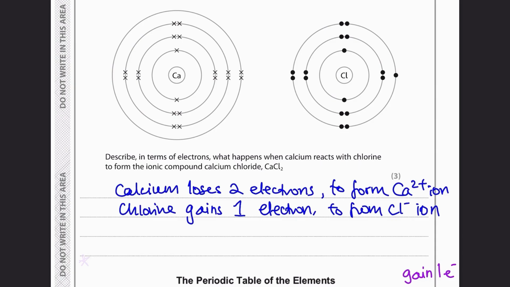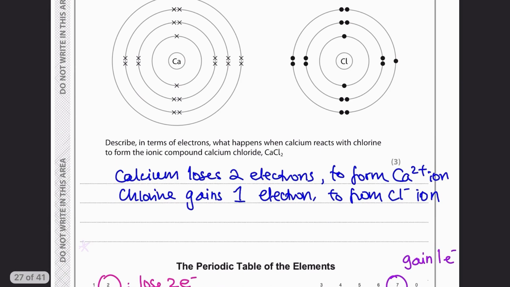So make sure you talk about it in terms of electrons. And of course, when you've got a positive calcium and a negative chloride, then the positive and the negative charge will attract each other, isn't it? And therefore, you will have a calcium chloride compound that is formed.